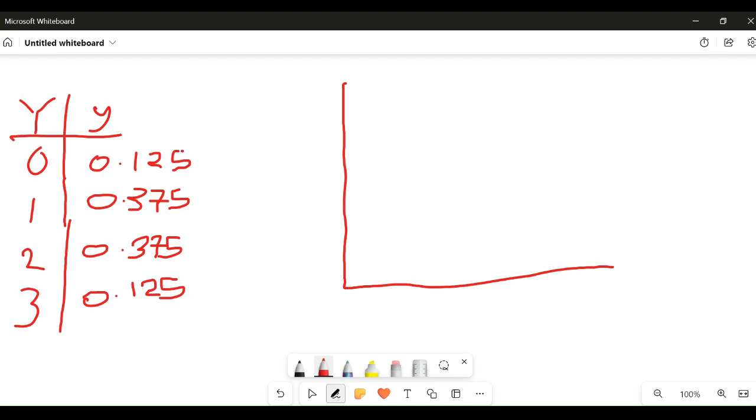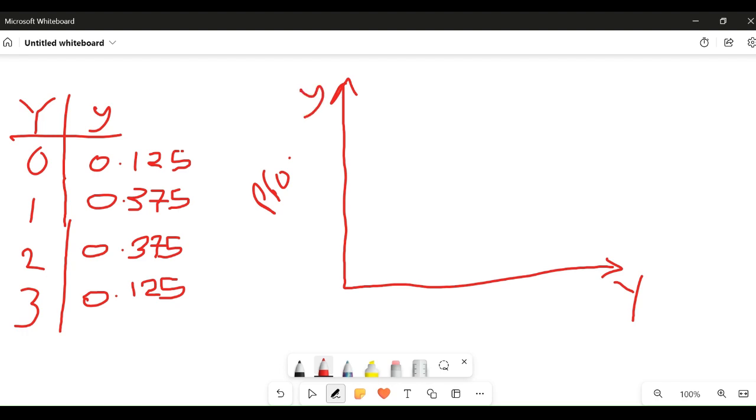The y-axis stands for probability, and let the x-axis stand for the outcome. Right?